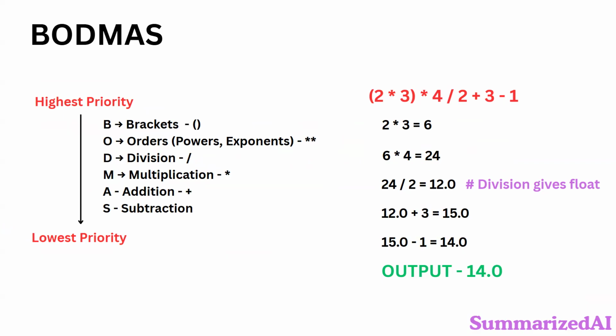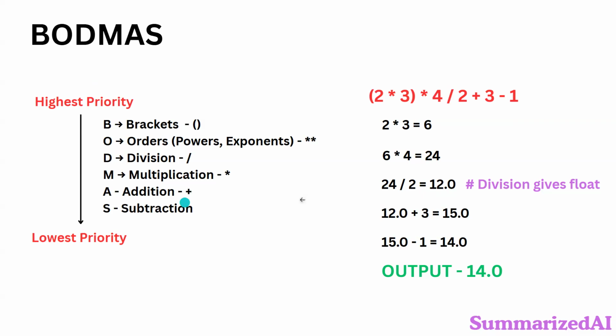Python evaluates expressions by following this given priority from highest to lowest. First, it will solve brackets, then powers, then division, then multiplication from left to right, and finally addition and subtraction. This ensures even complex formulas are calculated correctly.